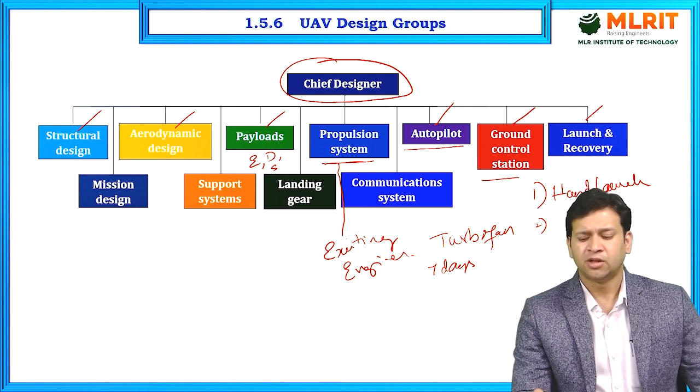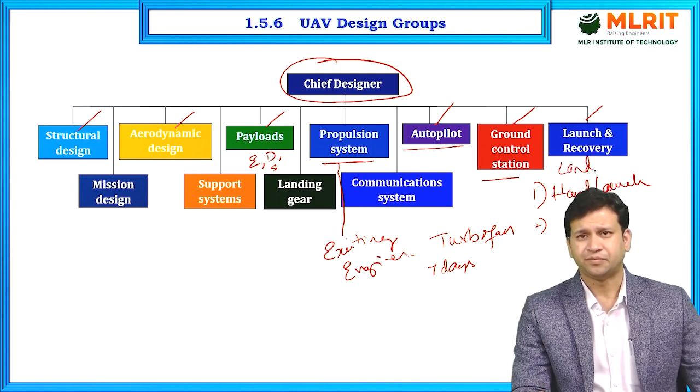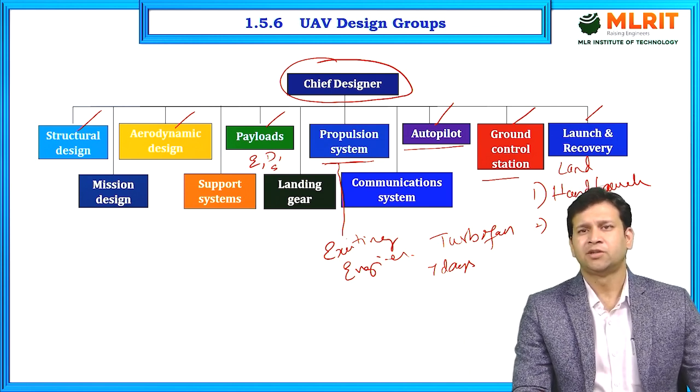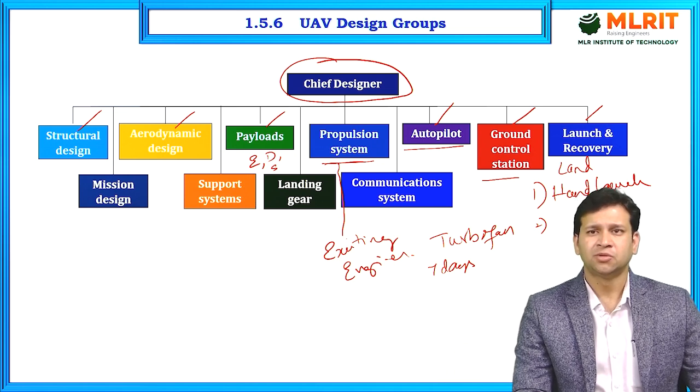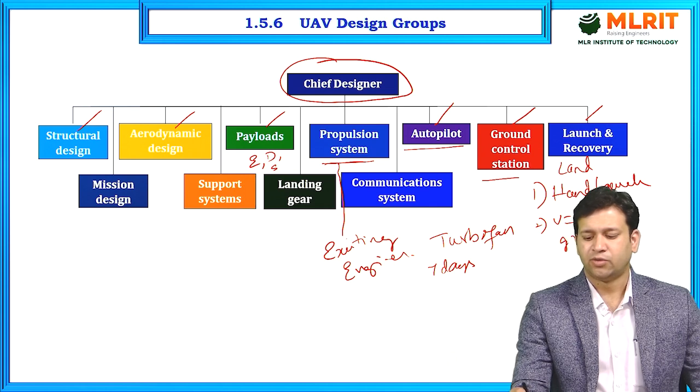And apart from that, recovery is nothing but landing of the UAV. A few unmanned air vehicles will have belly landings, and a few will have a proper touchdown, then ground roll, and then they come to velocity 0, where it is completely grounded.